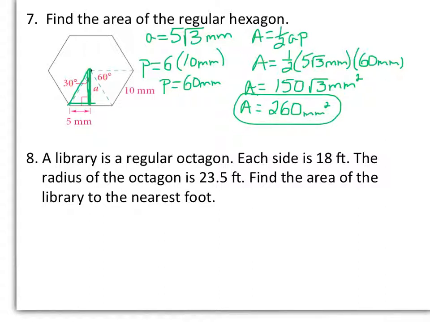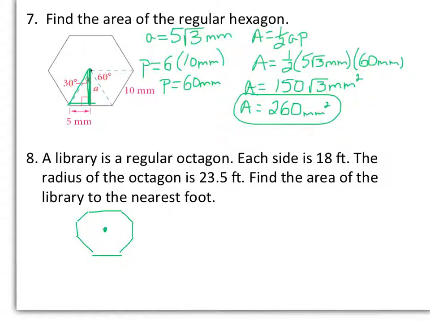Number 8 says a library is a regular octagon. Each side is 18 feet. The radius of the octagon is 23.5 feet. Find the area of the library to the nearest foot. So let's first draw an octagon. So we have an 8-sided figure, okay, with the center of the circle.